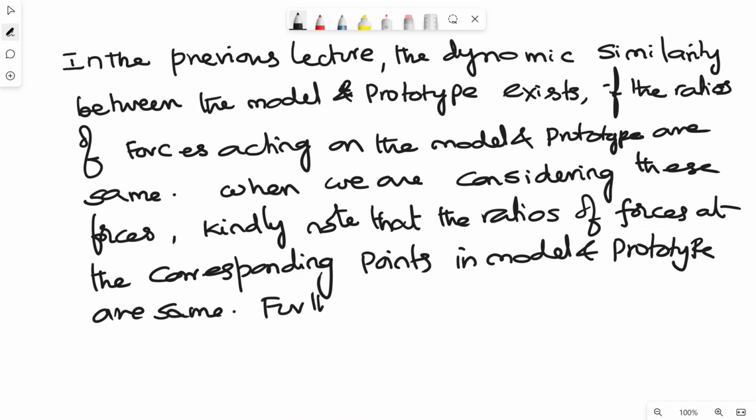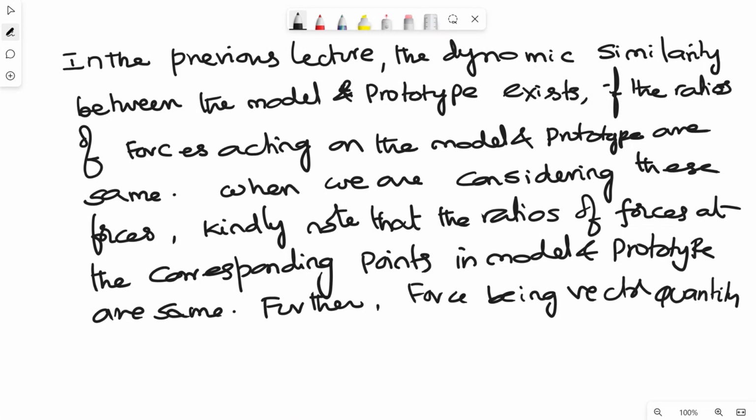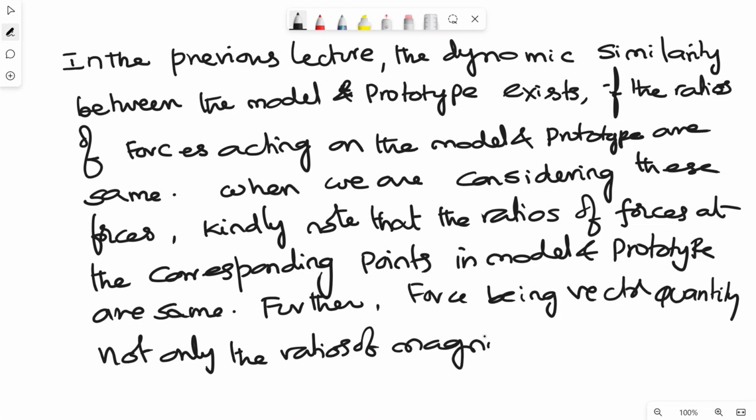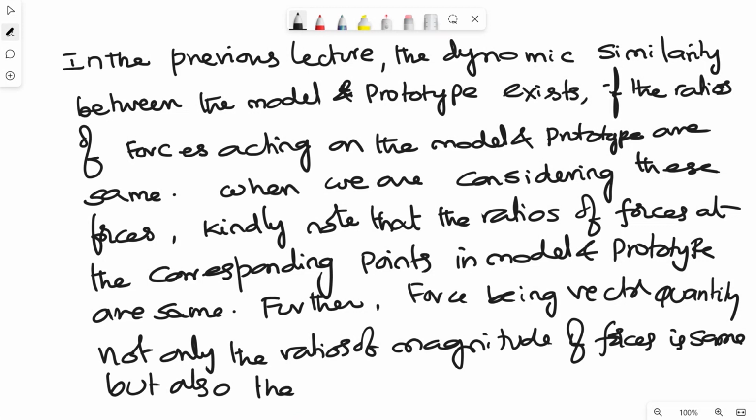Further, force being a vector quantity, not only the ratios of the magnitude of forces should be the same, but also the direction should be the same.